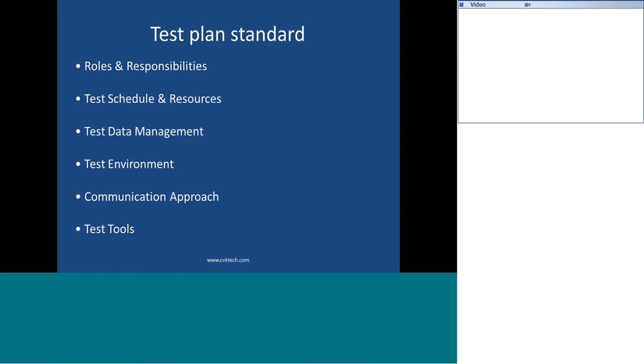As I said, the schedules and the resource details may change, and there won't be a standard schedule. It depends on the development timeline. So in the initial stage, we provide the tentative timelines, and whenever there is a change, we keep on changing these schedules and resource level details.